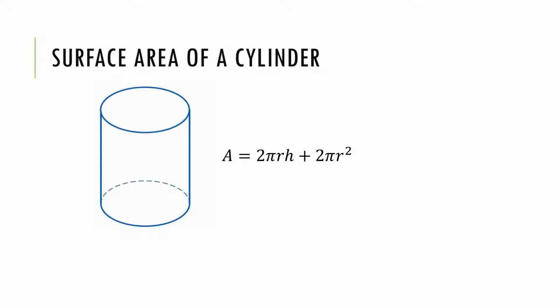It's going to tell you how much of the area is on the entire outside of that shape. So the formula for the surface area of a cylinder is A equals 2 pi r h, so 2 pi times the radius times the height, plus 2 pi r squared. Right, so r is the radius, h is the height.